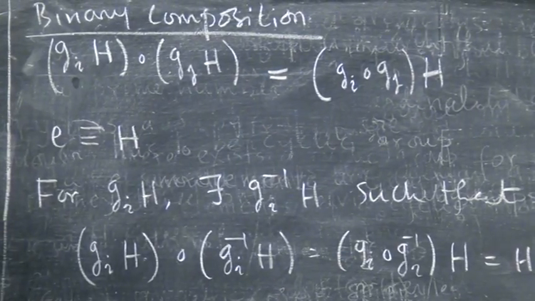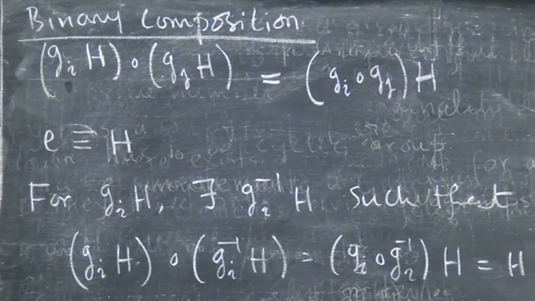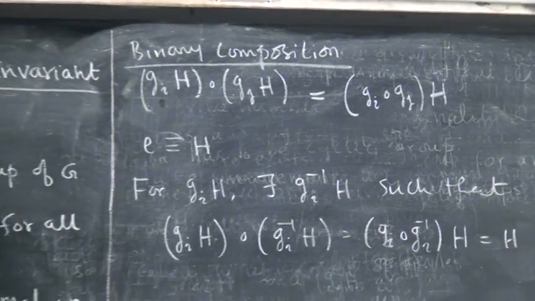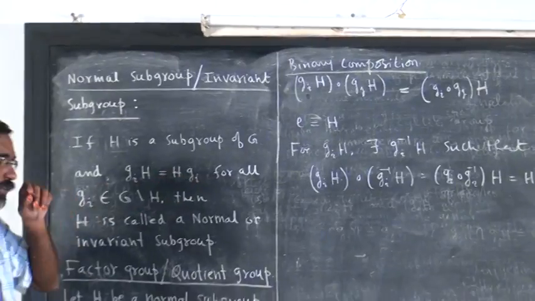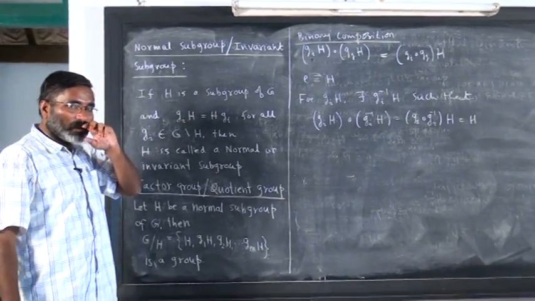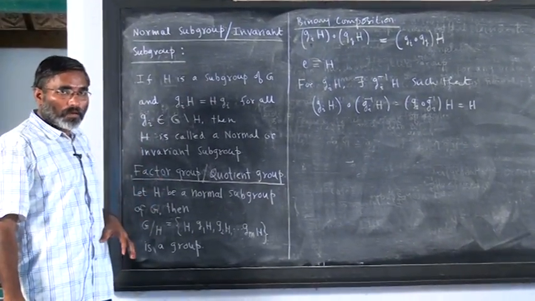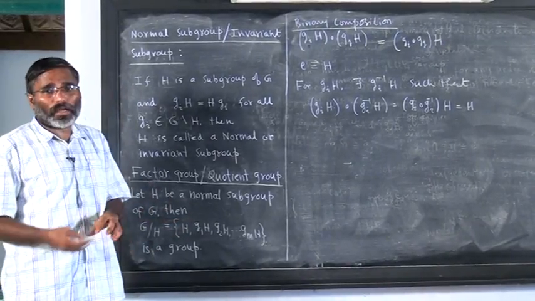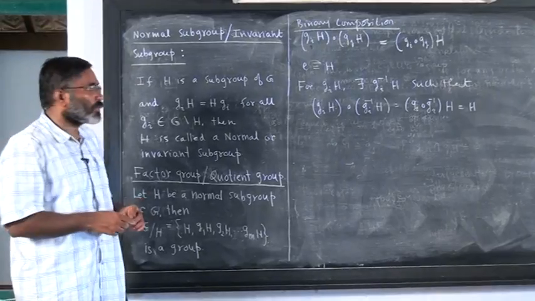So we have shown all the group axioms. Associativity is a kind of import of associativity of G, closure, identity, and inverse. So this itself is a group. This kind of a group is called a factor group or a quotient group.